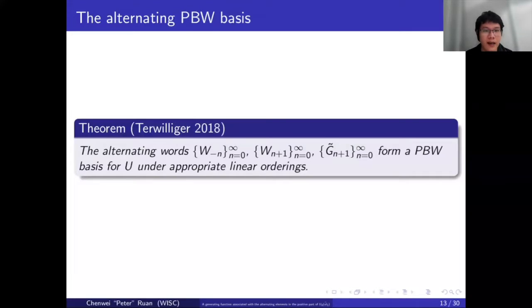Now there's a theorem by Terwilliger in 2018 that says the alternating words W minus n, W_{n+1}, and G tilde_{n+1} form a PBW basis for U under some appropriate linear ordering.